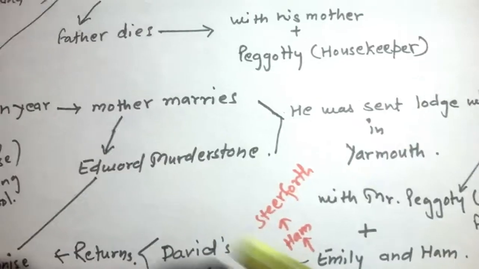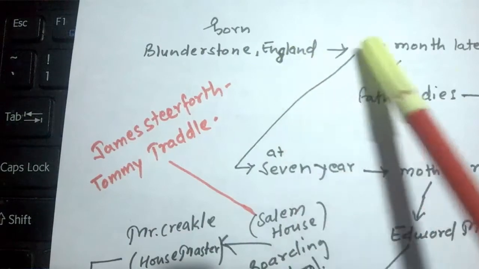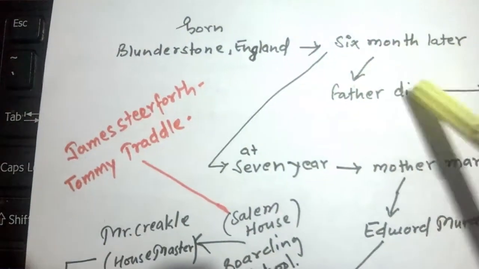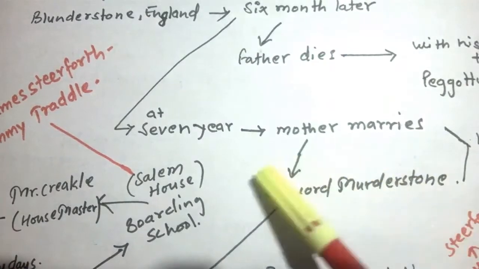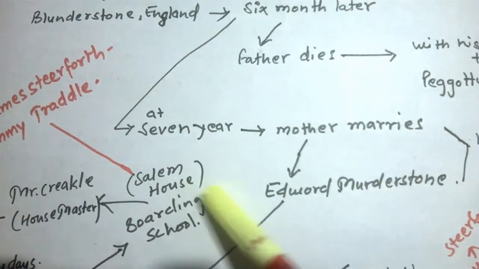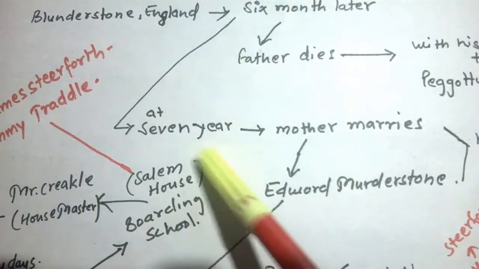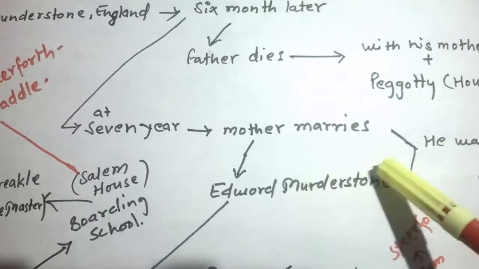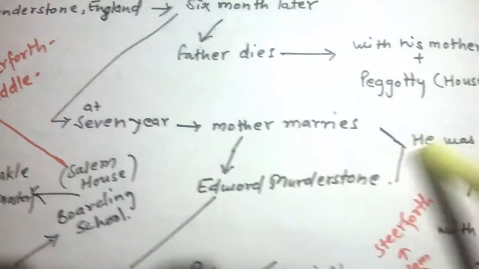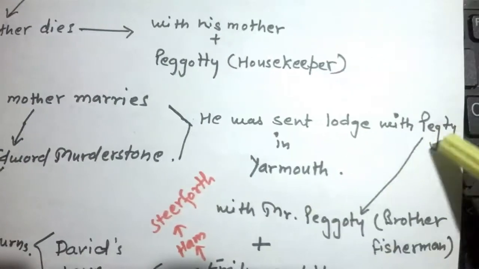So this is the simple story. Let me summarize it in a very short way. When his father dies, his mother marries someone. Murdstone beats him up. He bites him. He is sent to Salem House, a boarding school. Later when his mother dies, he went to Yarmouth, and there was Peggotty.